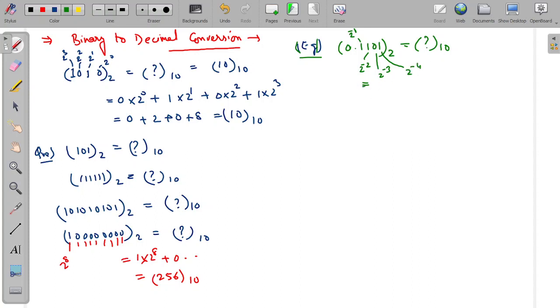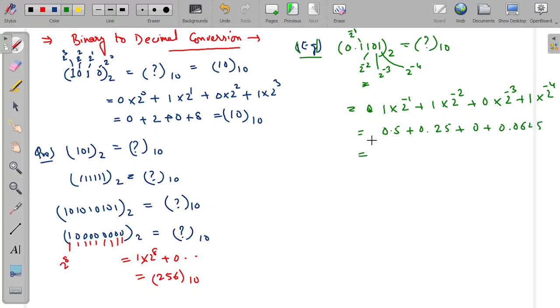So now you get what to do. So this is 1 into its weight plus 1 into its weight plus 0 into its weight plus 1 times its weight, and you add all these contributions. 0.5 plus 0.25 plus 0 plus 1 by 16, which is 0.0625.